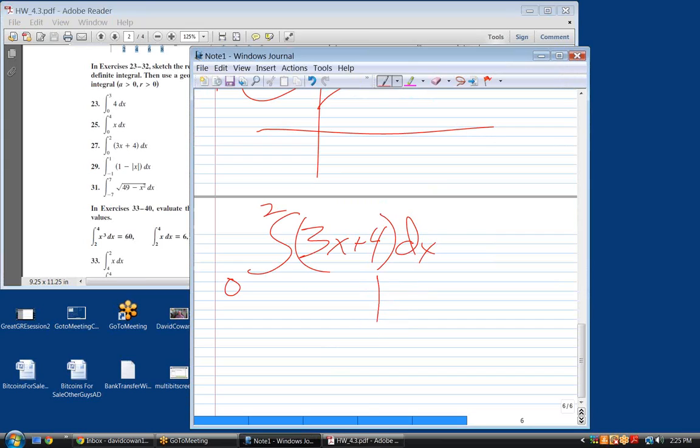So let's sketch this line. Where does it begin? Y equals mx plus b. So right there it begins at 4, and has a slope of 3.